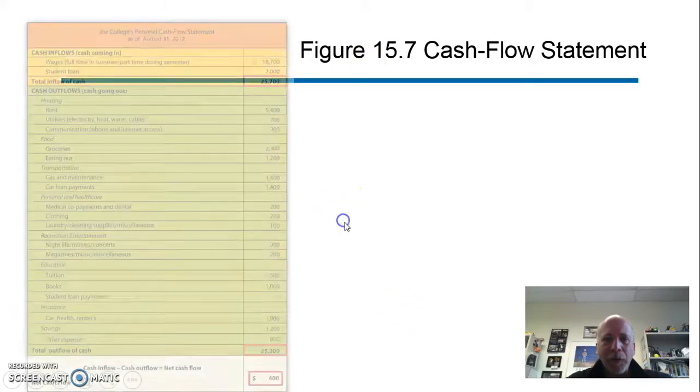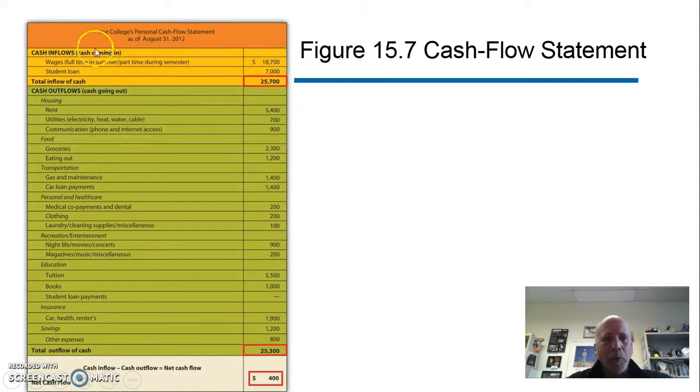If we look at a cash flow statement, this is obviously a little more detailed. The amount of money coming in is $25,700. The amount of money going out is $25,300. That's on an annual basis. And so we're taking in approximately $400 more than what we're paying out.